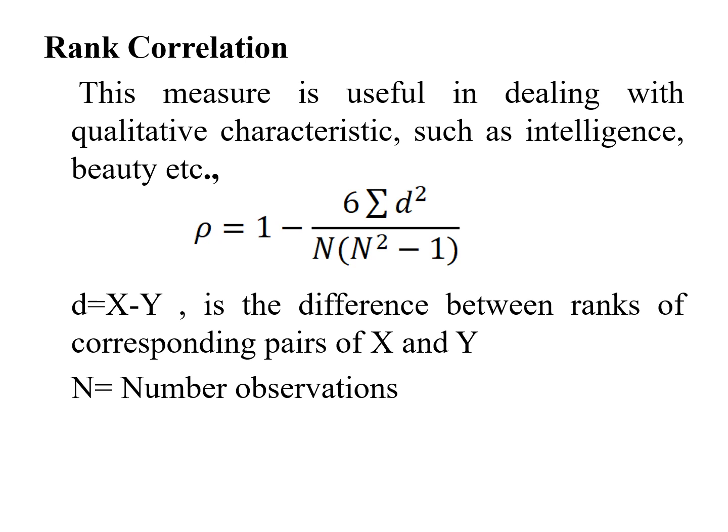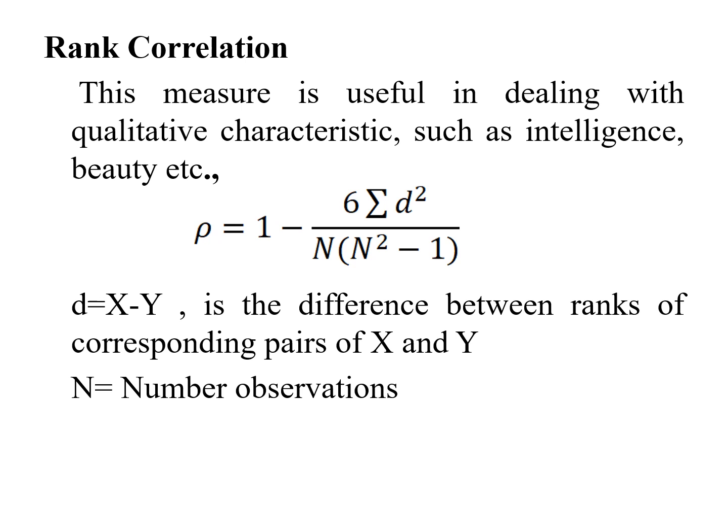In qualitative, for intelligence, beauty, IQ, all these we cannot measure. So that is the qualitative characteristics. Suppose if we have qualitative data, we can use rank correlation to find the correlation between given variables. So now come to rank correlation.